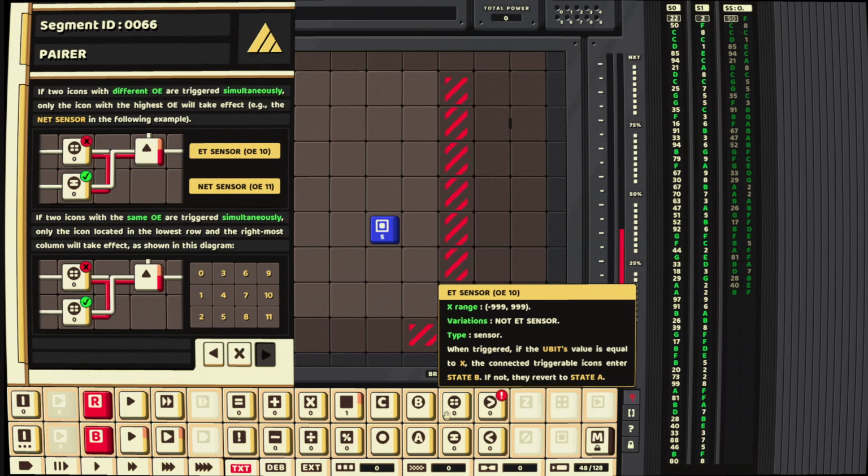I can't just have two different sensors wired up to the same set of conveyors, because the bottom one will win, for example.